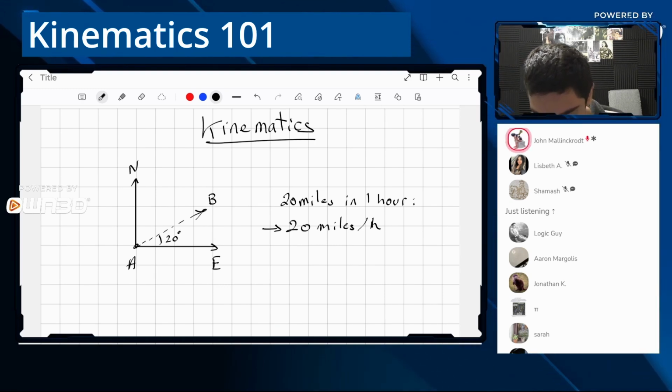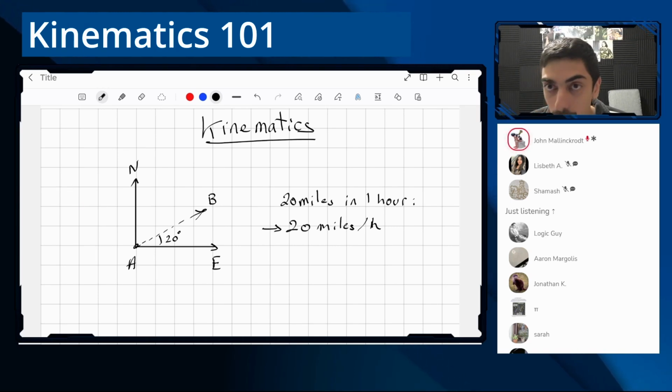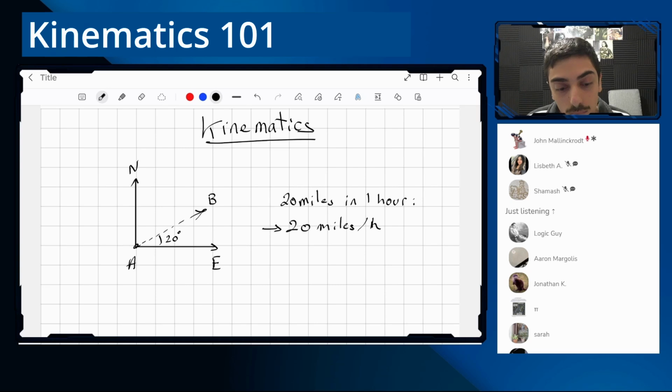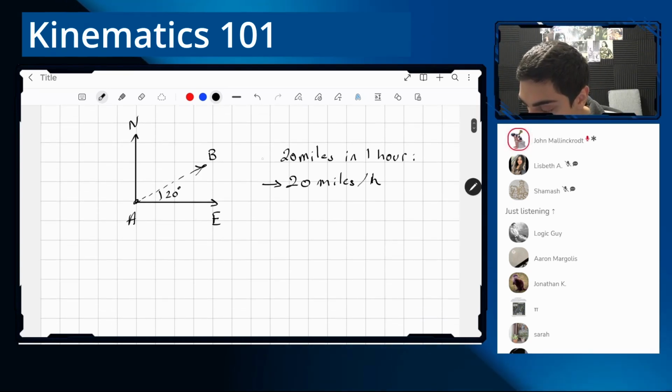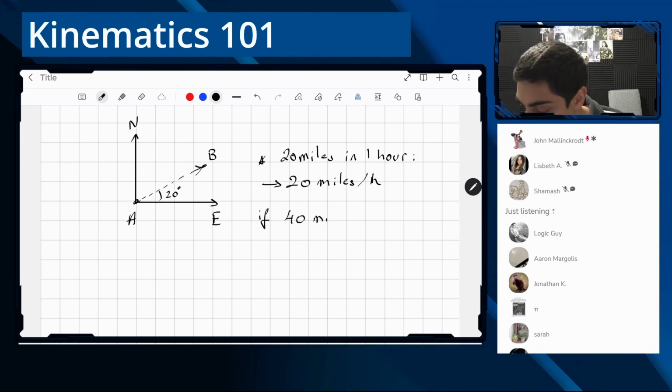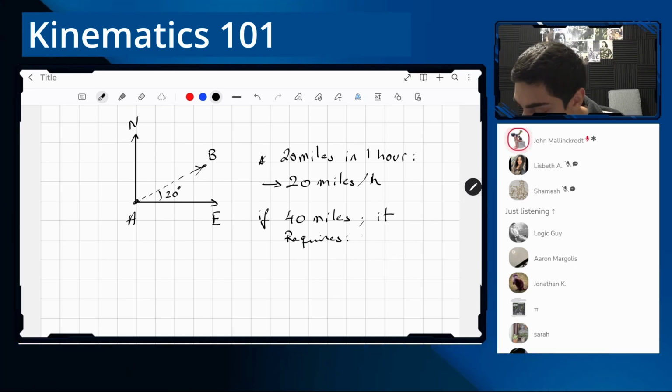And that would be my average velocity, even if I went along roads where I had to cover a distance of 40 miles getting from A to B. Maybe I actually traveled a distance of 40 miles, but I only ended up 20 miles away from city A. And so my velocity was that displacement, the 20 miles divided by the 1 hour, 20 miles per hour, and the direction was 20 degrees north of east.